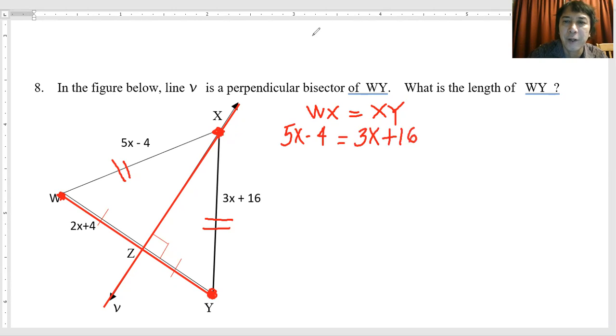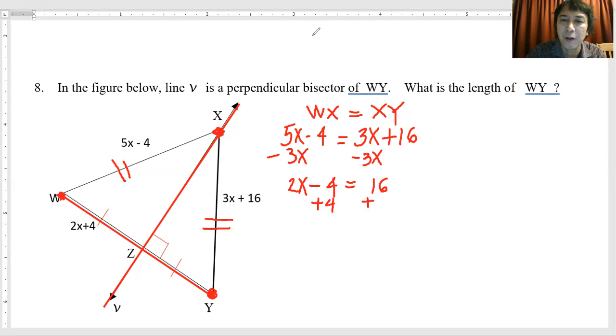We will solve for x first. We subtract 3x first, the smaller x term. We get 2x minus 4 at the left. The right side is just now 16. Now we isolate the x by adding 4 to both sides.